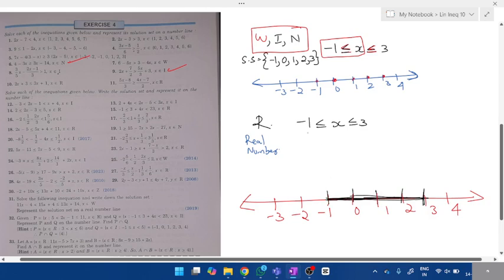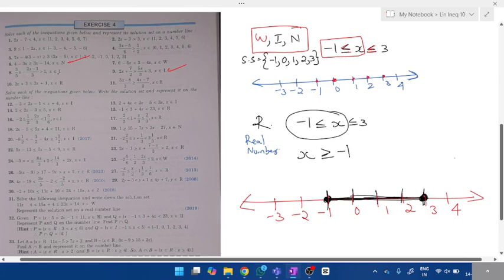Now, -1. Is my x equal to -1 or less than -1? I mean equal to or greater than. How do you convert this? x is greater than -1, and it is equal, right? Greater than and equal. So whenever it is greater than or equal to, you have to keep a dot here at the first, and less than or equal to 3, a dot on 3.